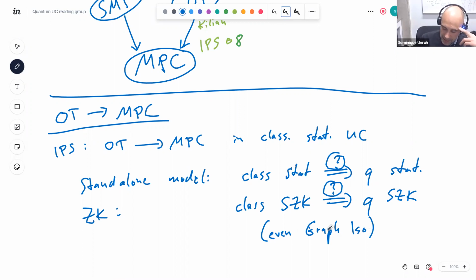And the best example for something seemingly completely trivial, where we don't know, is the graph isomorphism zero-knowledge protocol, the standard well-known one where you get an isomorphism between one graph or another. That protocol is statistical zero knowledge. It's even perfect zero knowledge in the classical setting, and we don't know whether it's zero knowledge at all.